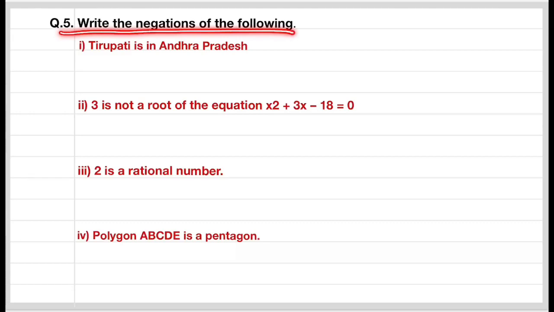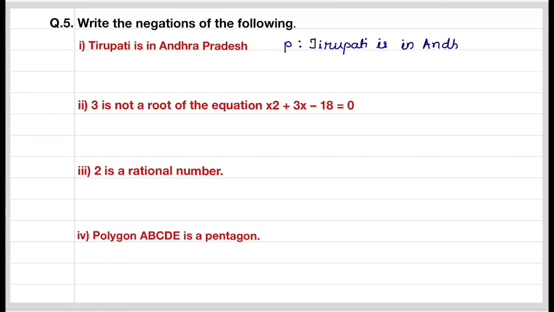Now question number 5. Write the negation of the following. First example, Tirupati is in Andhra Pradesh. We will write its negation. First of all, we will consider this statement as P. Tirupati is in Andhra Pradesh.